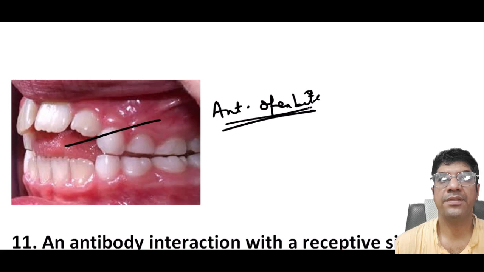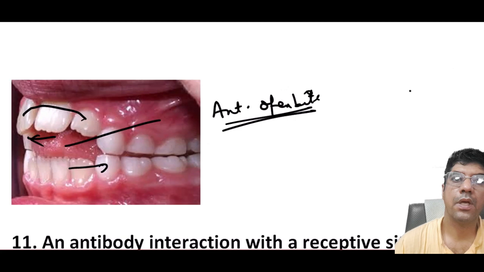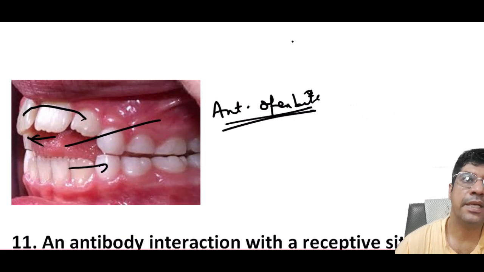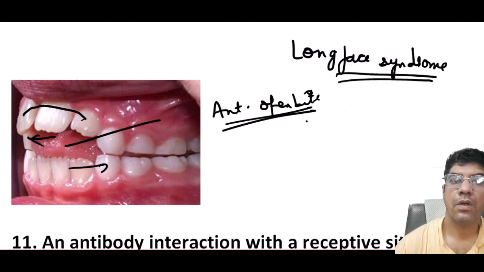Apart from that, you can see increased overjet, maxillary protrusion, and mandibular retrusion. Another important feature is that it leads to long face syndrome, which leads to a convex profile.